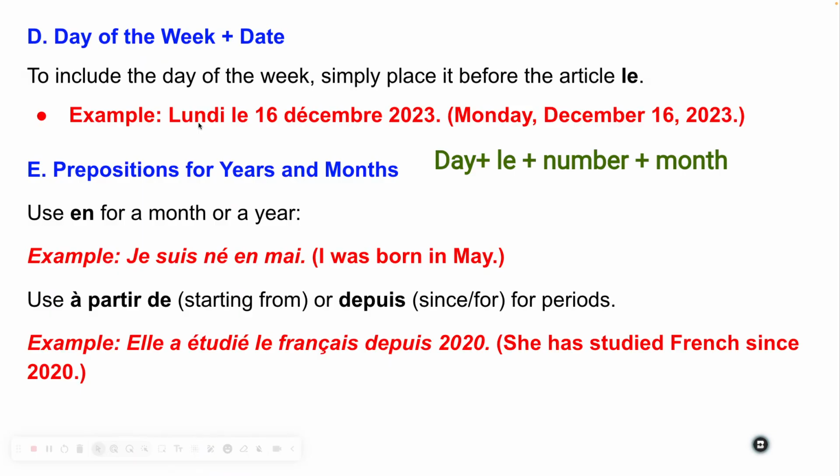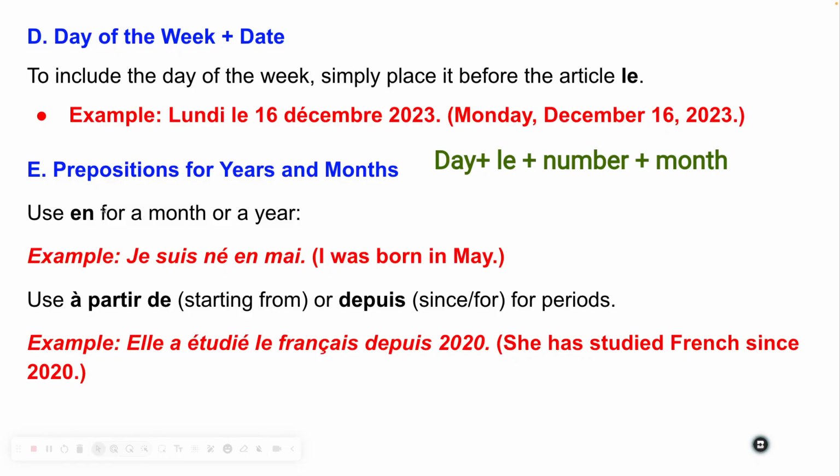We learned days of the week, so you know that lundi means Monday. I have lundi first, the day of the week, and then le before the number, then the number of the day, the month, and then the year: Monday, December 16, 2023.